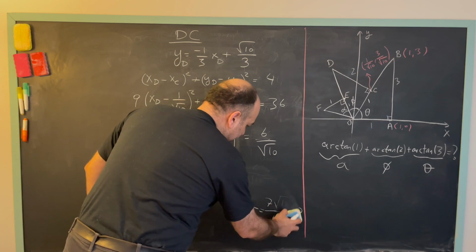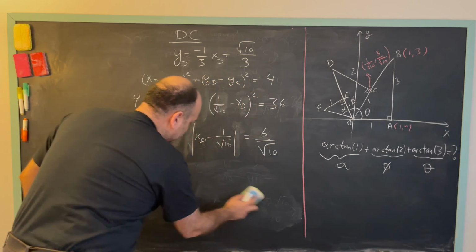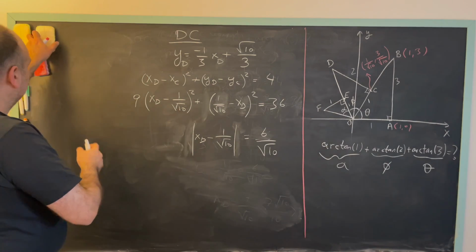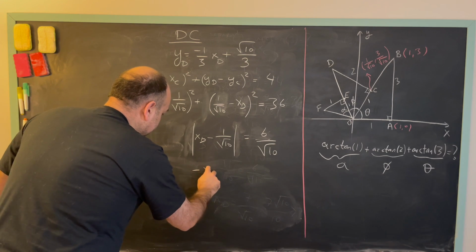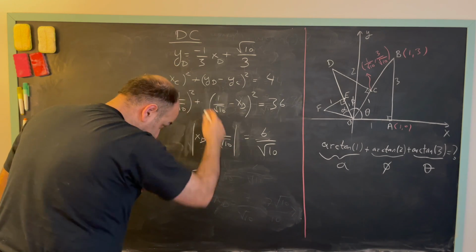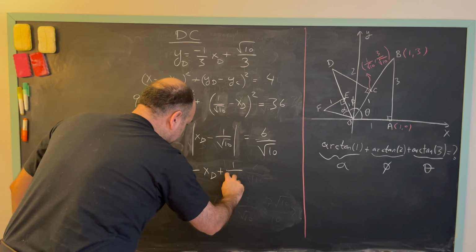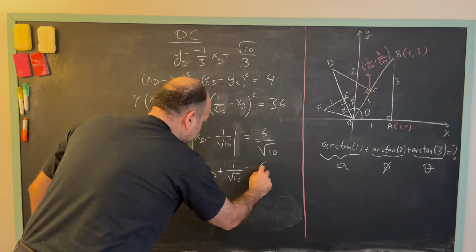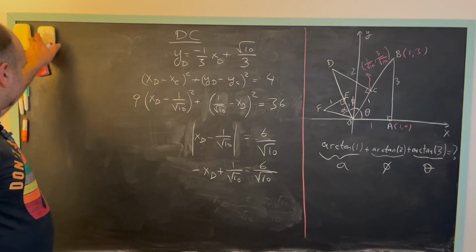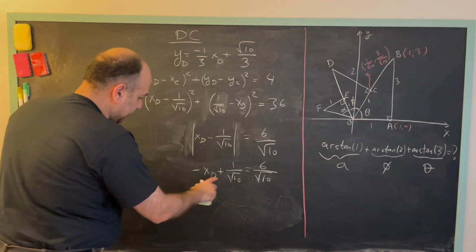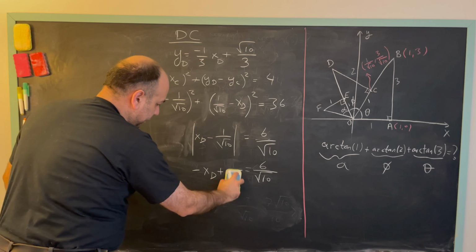Okay, so this should come out as negative. So the absolute value, the term inside must be negative, right? So this is minus xd, okay? Then plus 1/√10 must be equal to 6/√10. Okay? So then this gives me x of d as, so 6 minus 1 is 5.